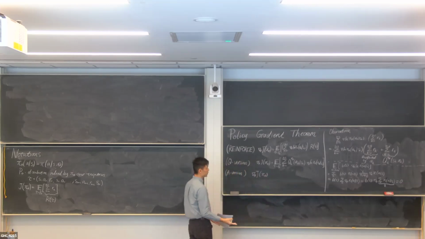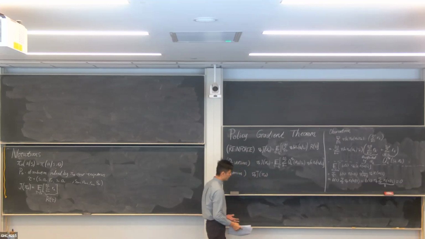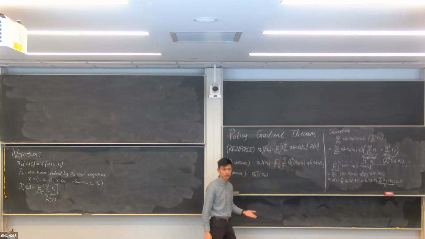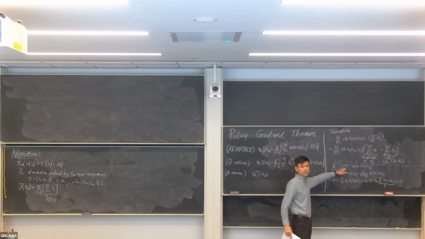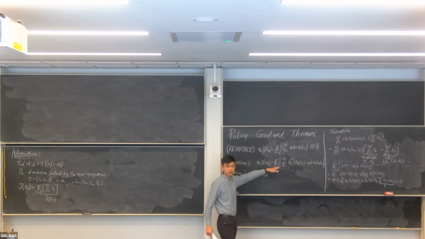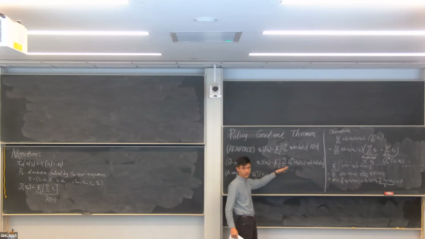A very natural choice of the baseline function. Looking ahead for the remainder of the lecture, we'll talk a lot about variance reduction. We may choose some baseline functions without affecting the expectation, the quantity we would like to estimate, but it will be more favorable in terms of variance reduction.